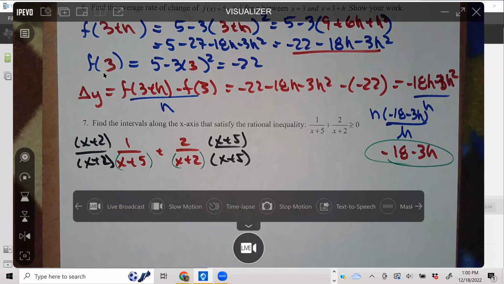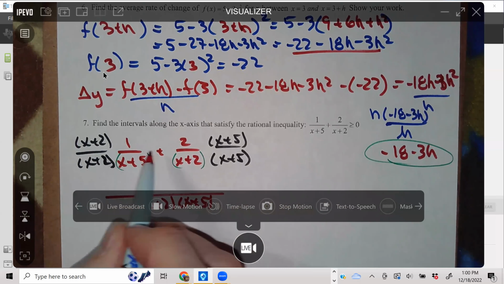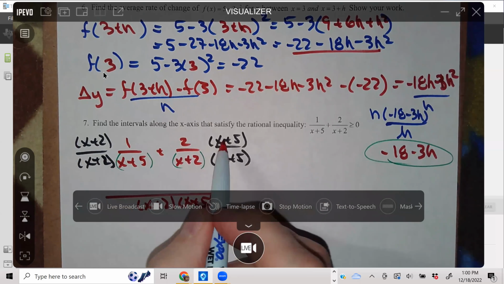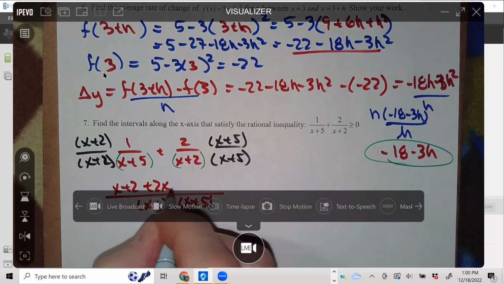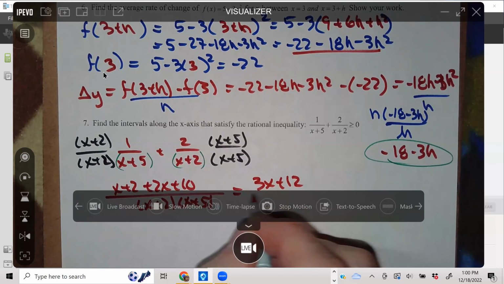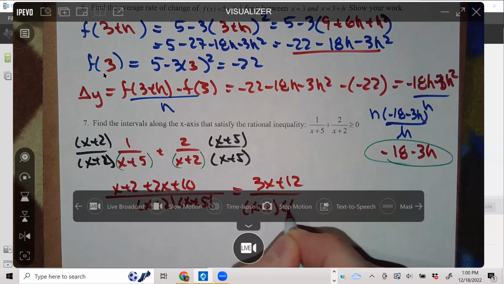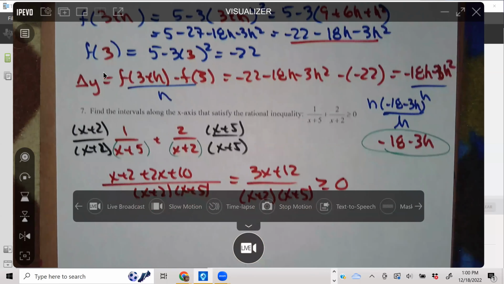Then this gives me a common denominator, x plus 2 times x plus 5. I've got x plus 2 here and 2x plus 10 here. x plus 2 plus 2x plus 10 gives me 3x plus 12 over x plus 2 times x plus 5. And I want to know when that's greater than or equal to 0.